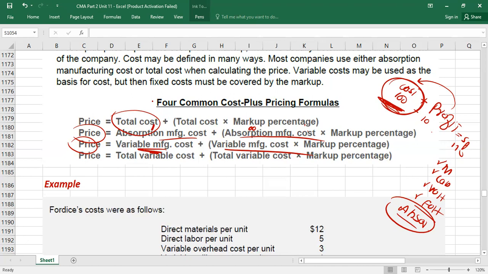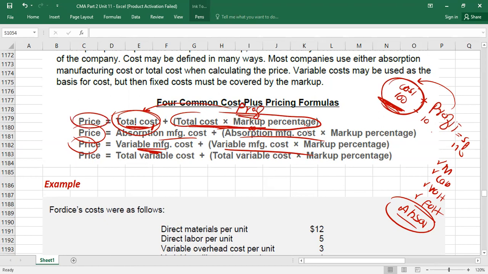It may include research and development cost, production cost, distribution cost, marketing cost, all the cost. You consider that first, and then you can estimate the cost of one unit. Then take that total cost and multiply by the markup percentage. This will give you the profit on total cost. Then you add this profit to the total cost, and this will give you the price.